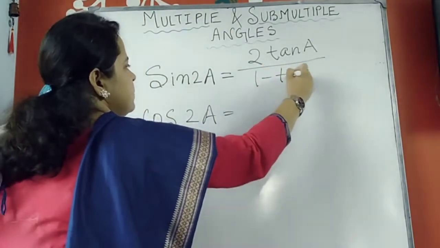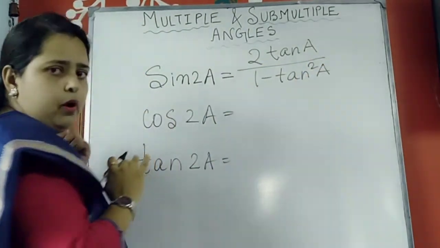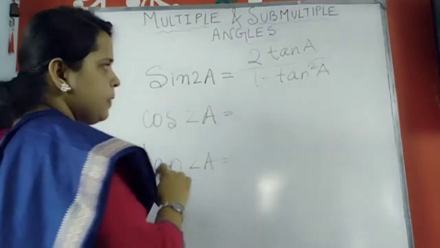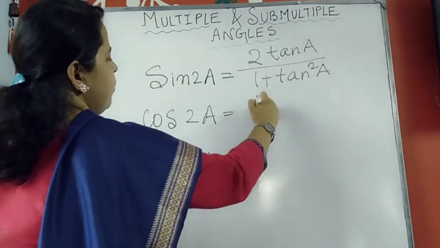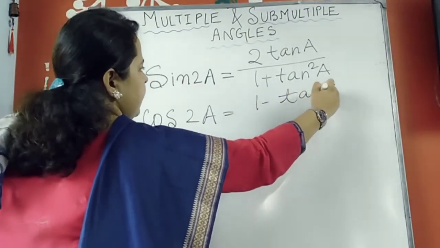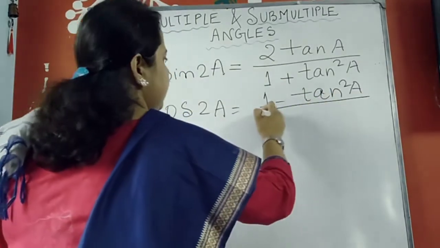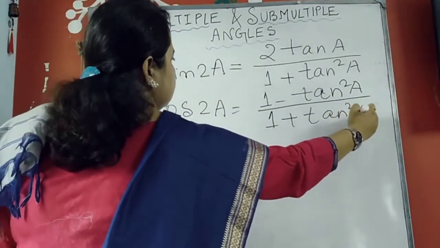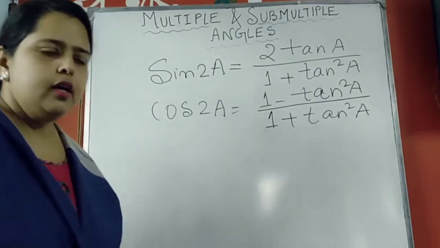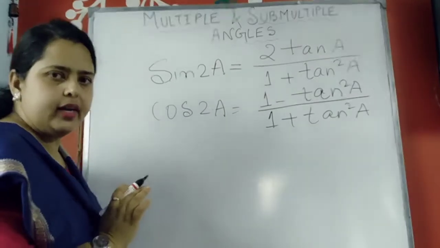This is another very important set of formulas. Sin 2A is 2 tan A by 1 plus tan square A.